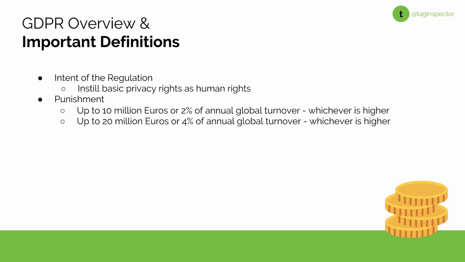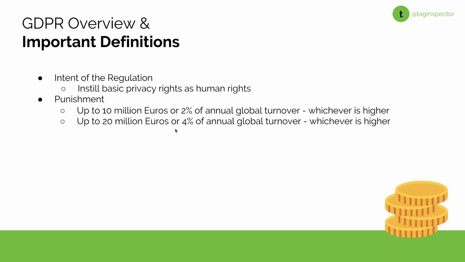The second classification is a punishment of up to 20 million euros or 4% of annual global turnover, whichever is higher, which obviously is huge. This particular punishment would be handed out on any sort of breach of the regulation in the case of processing, as well as a failure to protect human rights.